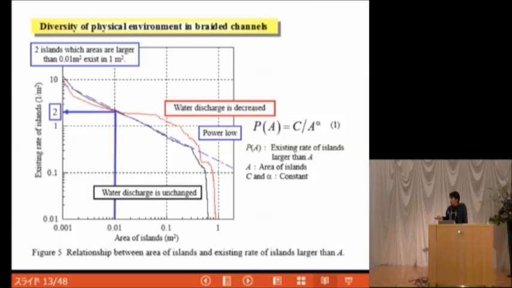The maximum size of the island becomes larger, and we can also see the flat distribution here. Flat means that there is no island which has this scale. So that means that if vegetation grows too much, the diversity of the physical environment in the braided channel will be lost.